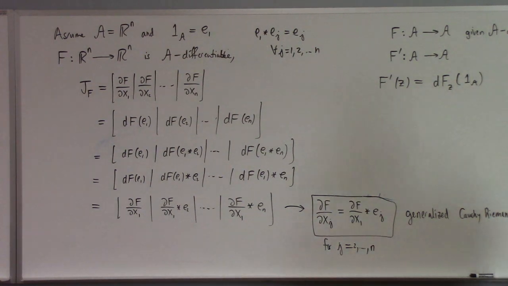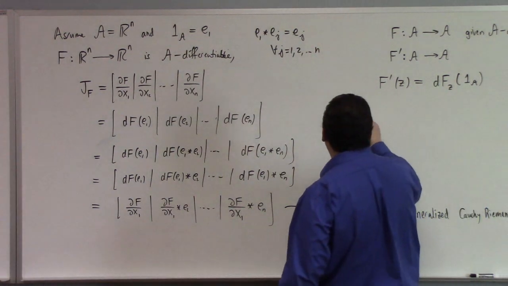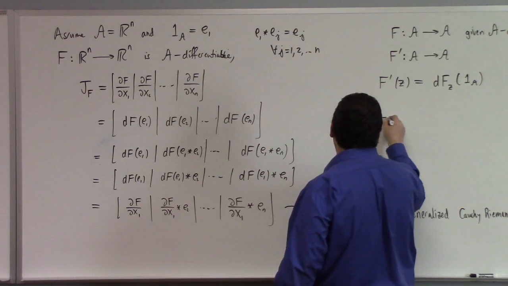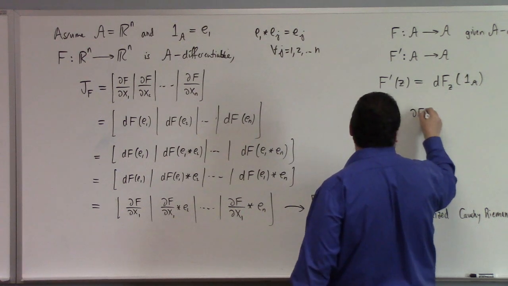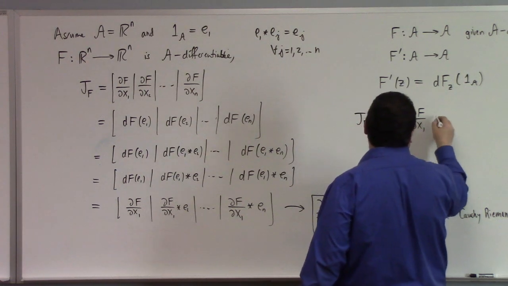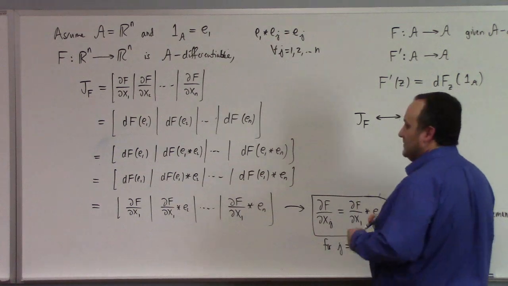So the basic thing that makes this make sense is that the Jacobian matrix is interchangeable with the first column, and that is an element of the algebra.